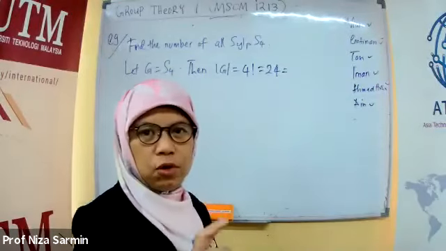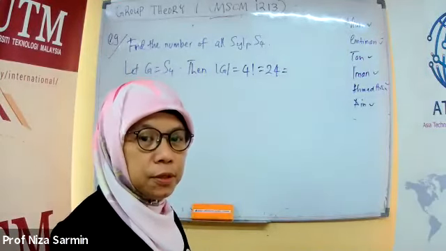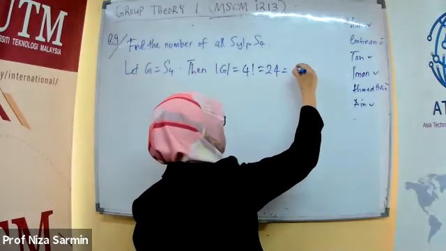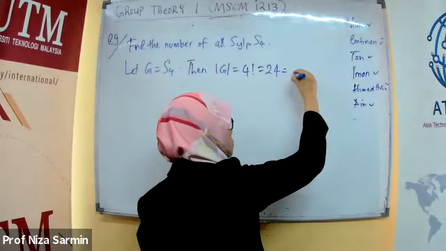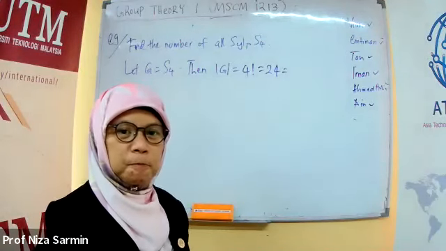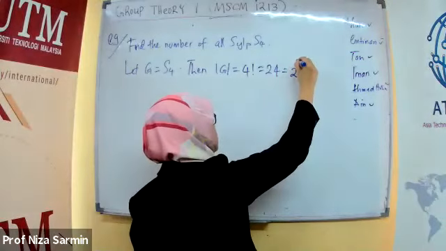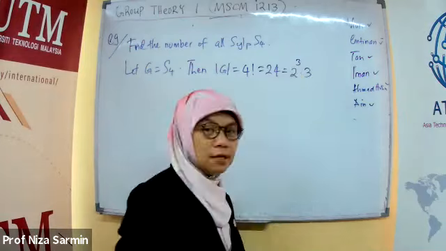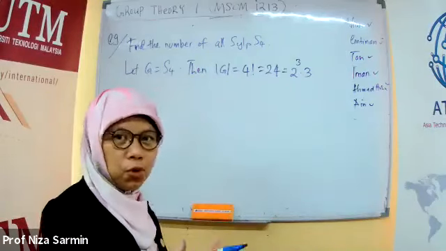Can you write 24 as a product of powers of primes? 24 is 2 cubed, 8 is 2 cubed, right? Times 3. Okay, so you have to write the order as a product of powers.